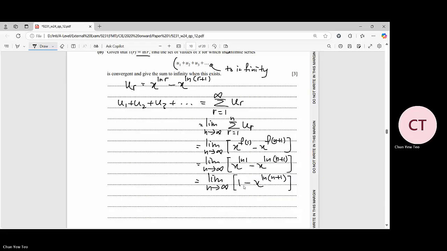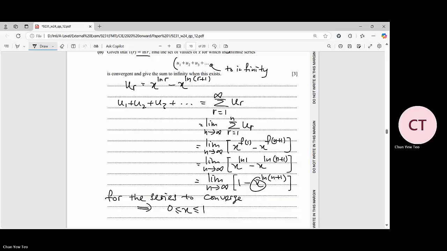So for the series to converge, the value of x here must be between 0 and 1.